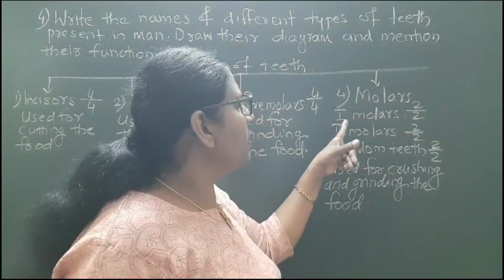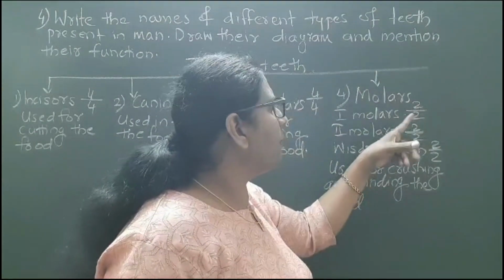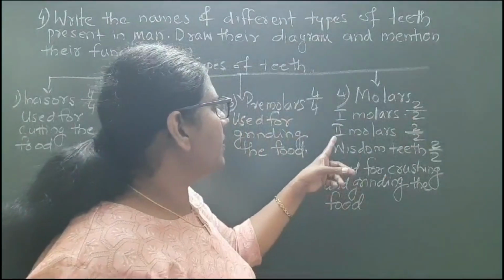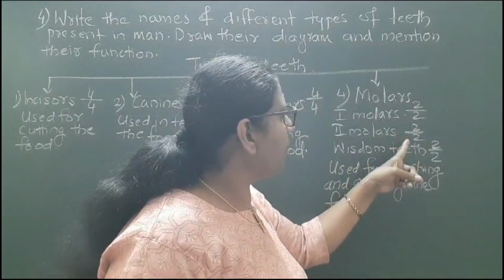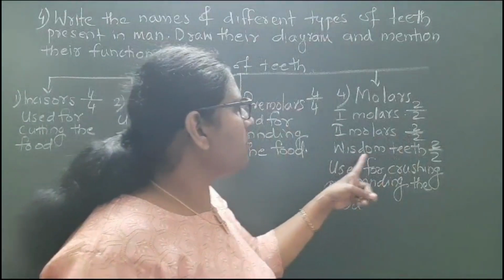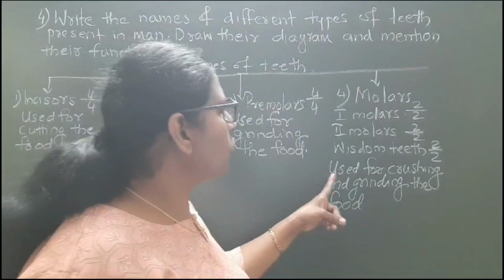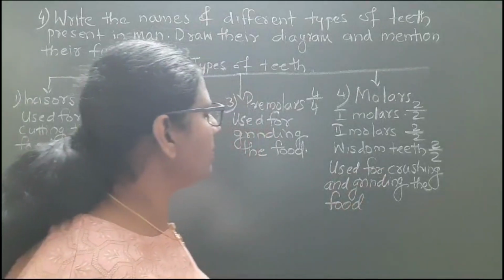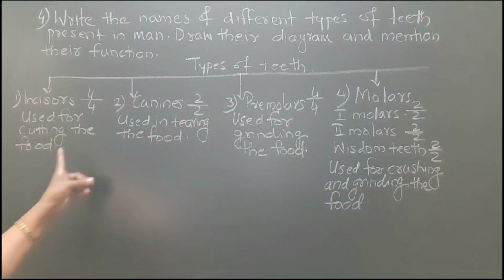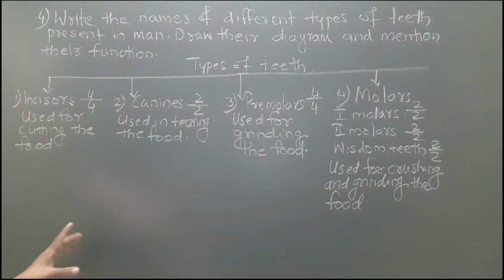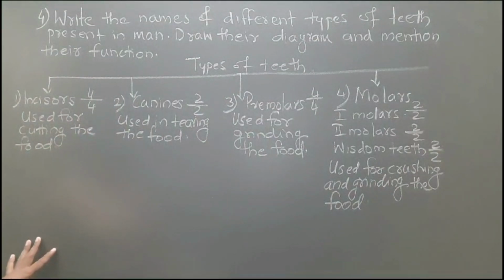First molars 2 in the upper and 2 in the lower. Second molars again 2 in the upper and 2 in the lower. Wisdom teeth 2 in the upper and 2 in the lower. It is used for crushing and grinding the food. So all together there are 32 teeth.